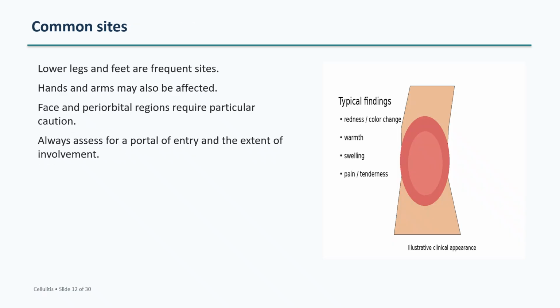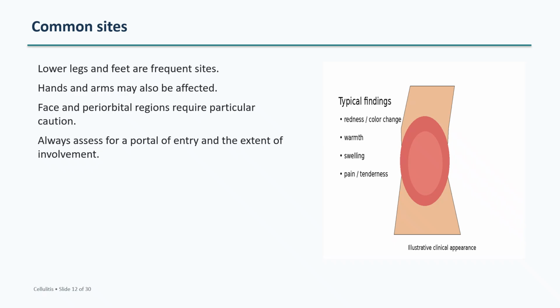So what are the most common sites where cellulitis can occur? Lower legs and feet are frequent sites where cellulitis happens, and hands and arms may also get affected in some patients. Face and periorbital regions also develop the disease, and these require precaution and caution.